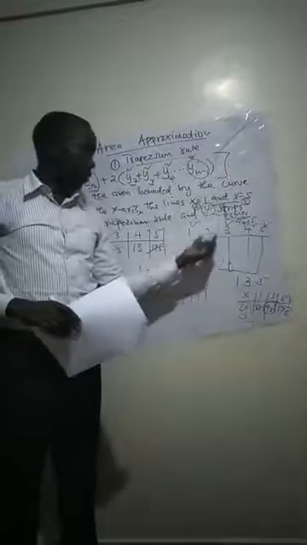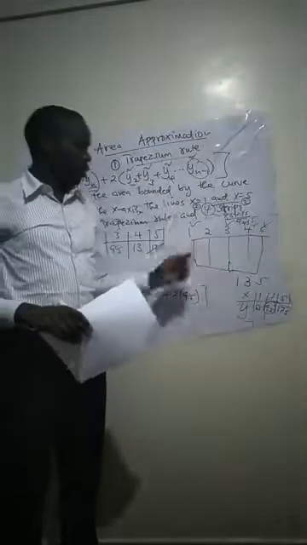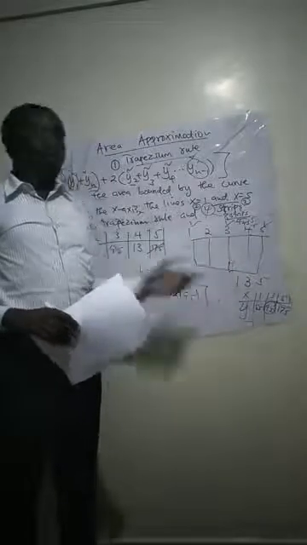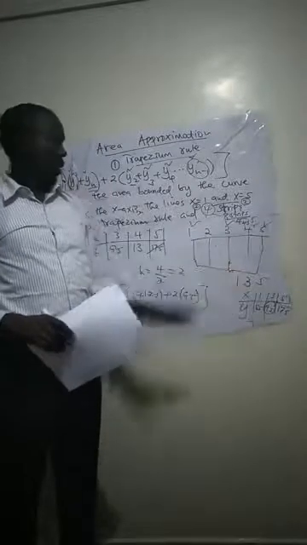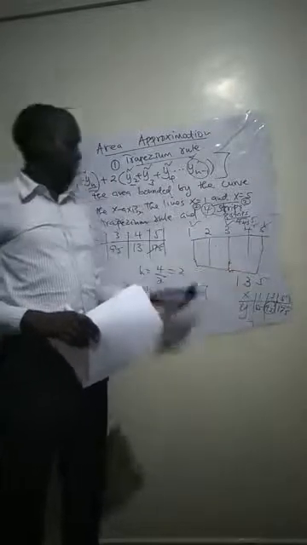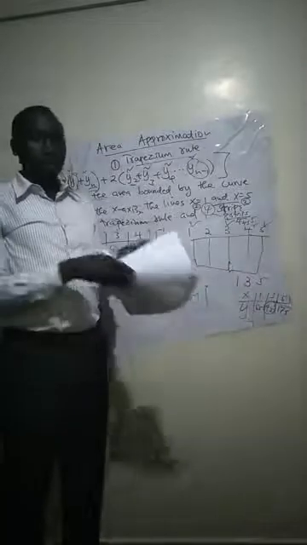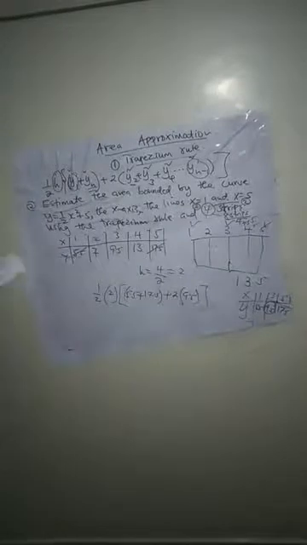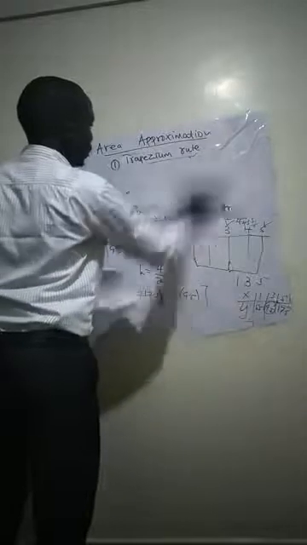You need 4 and you have 2, you divide each strip into two parts. You have 8 and you need to use 4, you merge them in groups of 2 to end up with the required number of strips. And with that, you can now proceed on to the next one, which is the mid-ordinate rule.